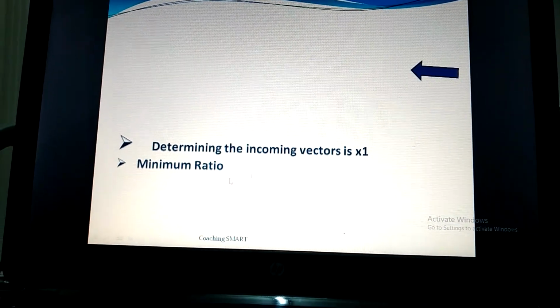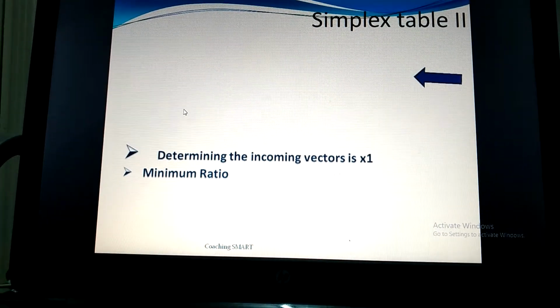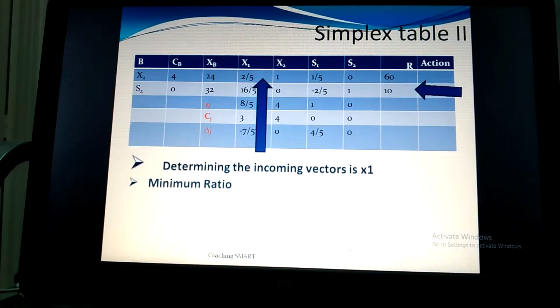Now we come to the next table, simplex table 2.